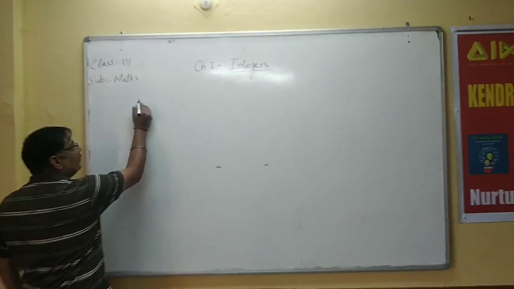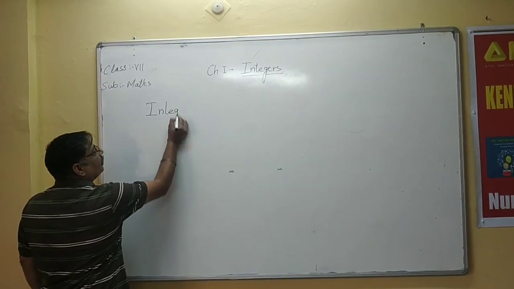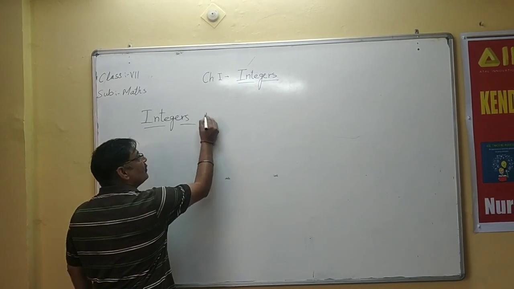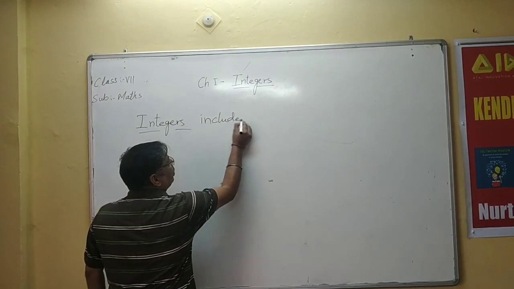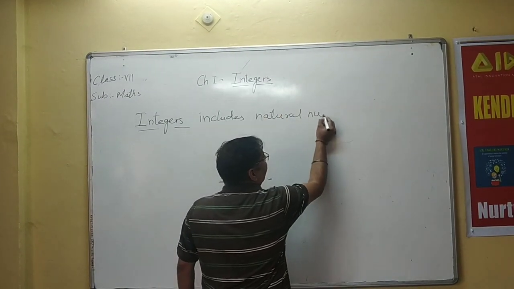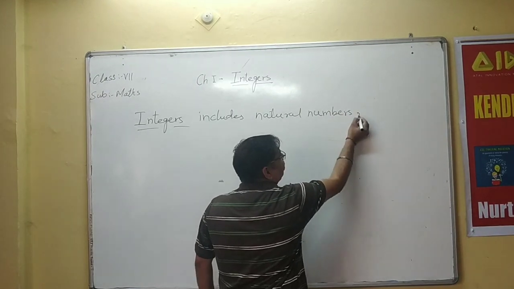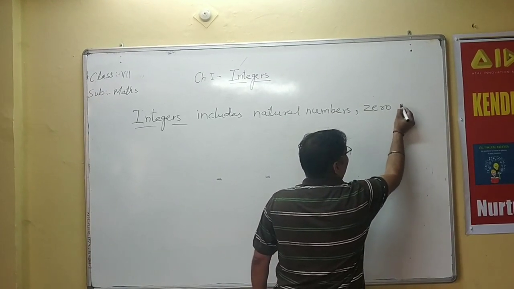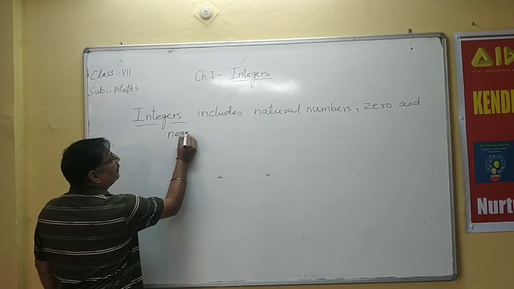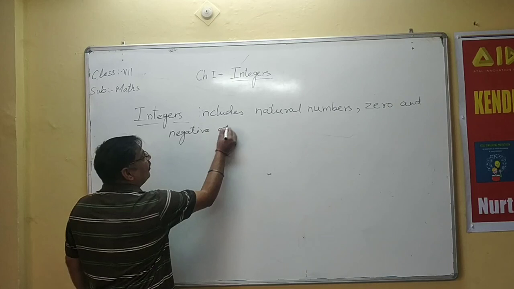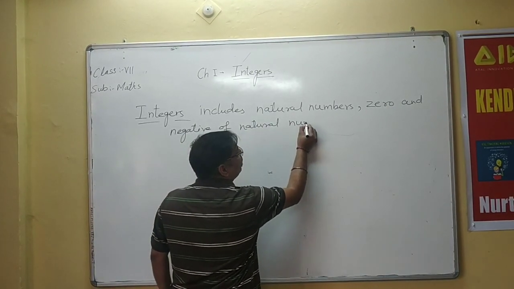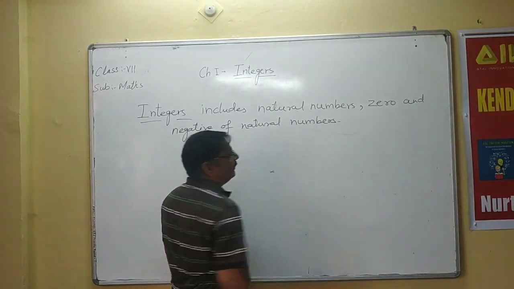So, integers include natural numbers, zero, and negative of natural numbers.